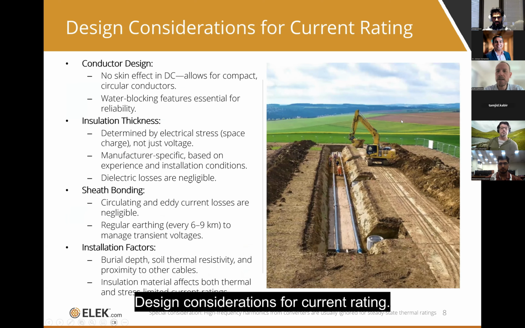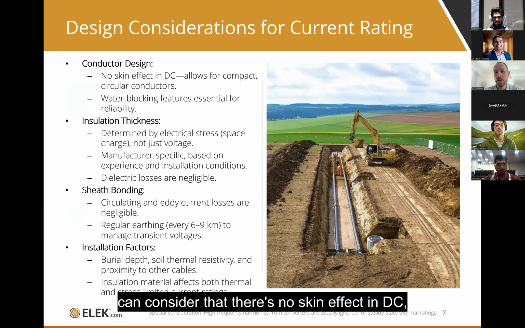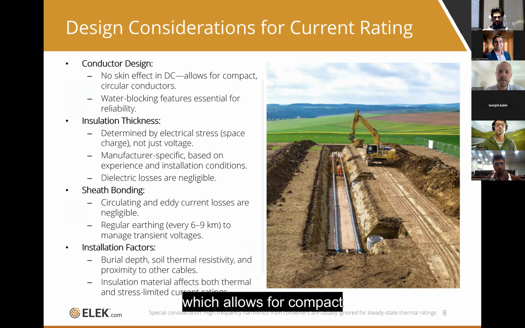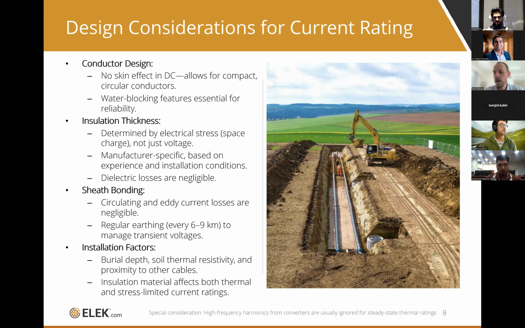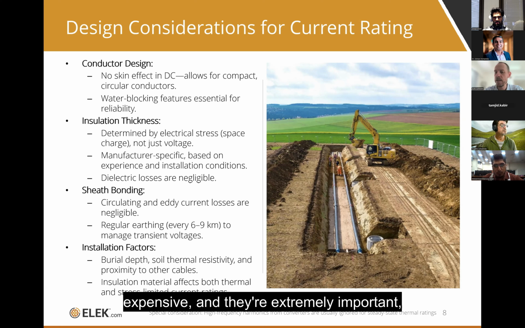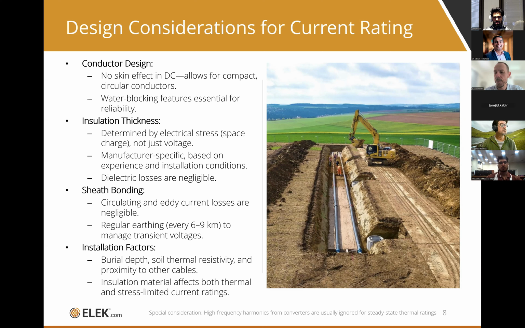Design considerations for current rating. These are common for AC cables with a little bit of difference. So conductor design: you can consider that there's no skin effect in DC, which allows for compact circular conductors. Water blocking features of these cables are essential for reliability. I mean, these circuits are expensive and they're extremely important.